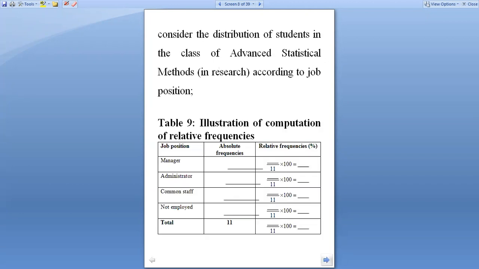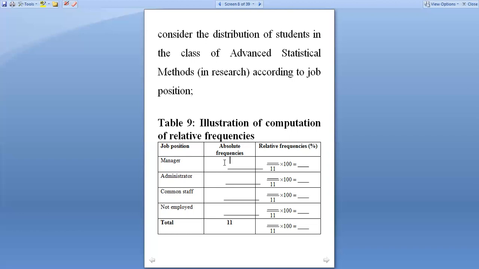Example, if we are considering the distribution of students in this class according to job position, you did not give me your data because I expected that you have entered that data at your side. But we have given an illustration of how the percentages are calculated.